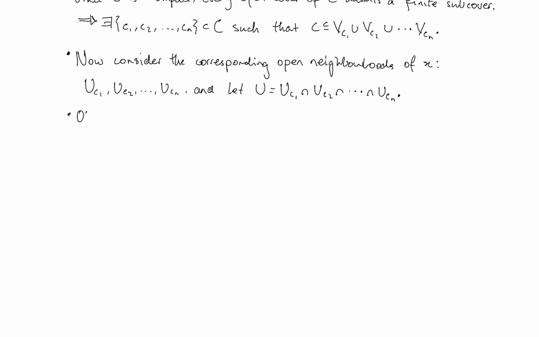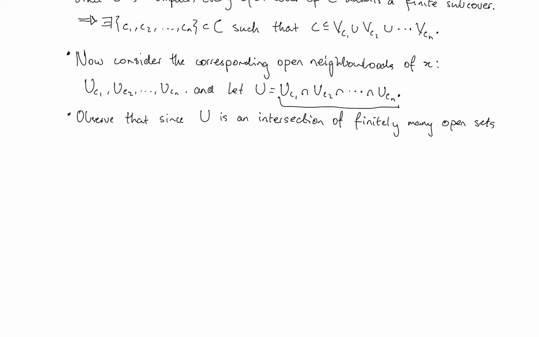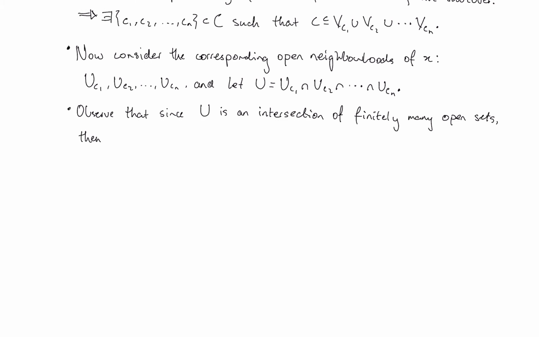So note that since U is an intersection of finitely many open sets, so we have a finite amount of open sets here we're taking the intersection of, then U must also be open.